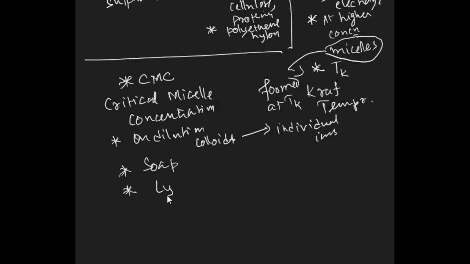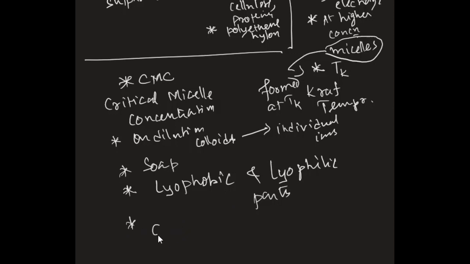Okay. So, in fact, they have both lyophobic and lyophilic colloids. So they have both parts. And the CMC concentration is around 10 power minus 6 to 10 power minus 3 mole per liter.